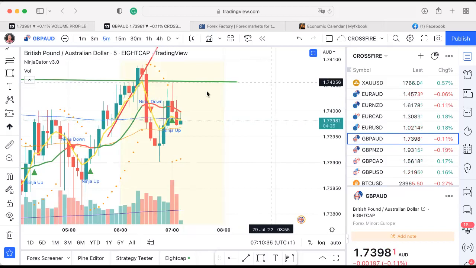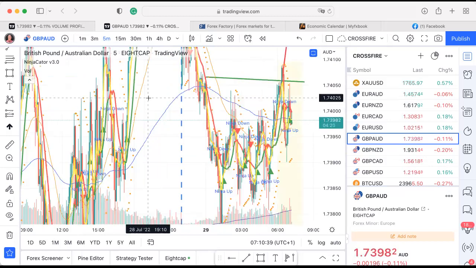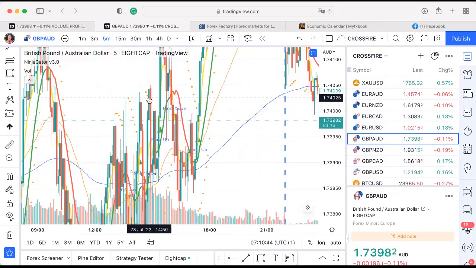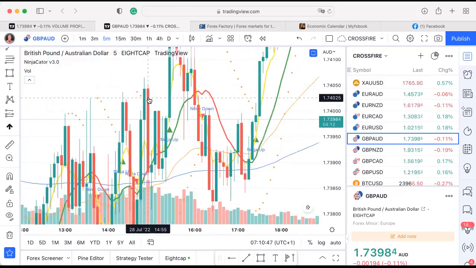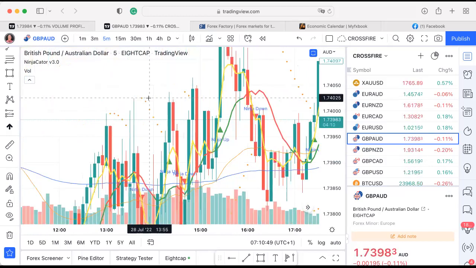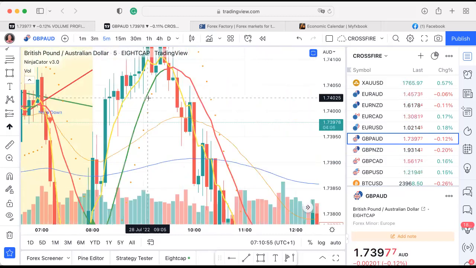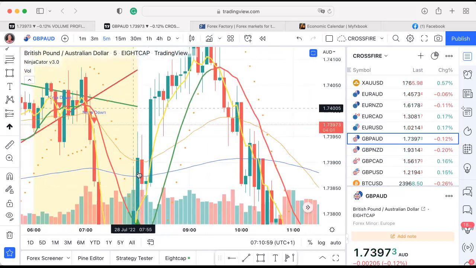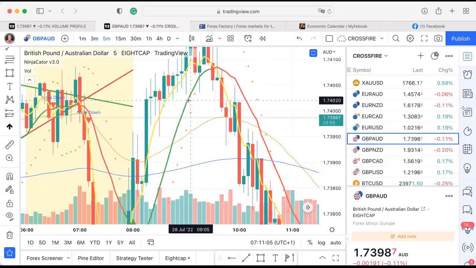If you look at yesterday, for instance. Right, so that was yesterday, and that was 8 o'clock. And if we'd waited until 8:15, there was a huge green candle.